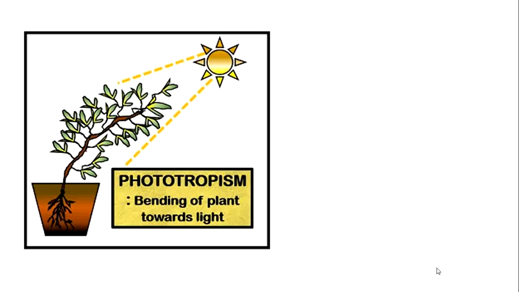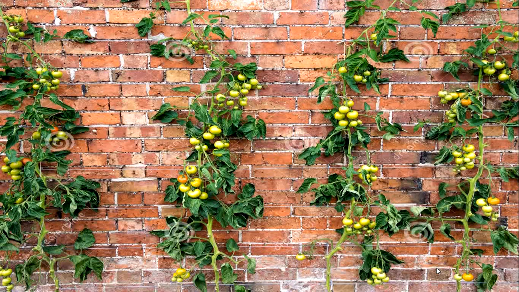This response maximizes the amount of light the plant leaves receive in order to make food. Roots generally grow away from light. This usually means that the root grows down into the soil and helps anchor the plant. So this is phototropism, the plant going towards the light.